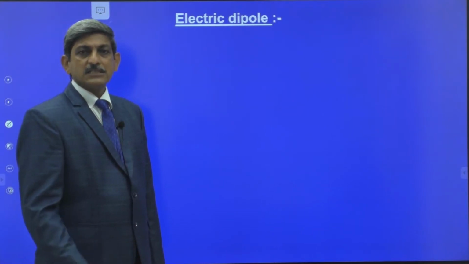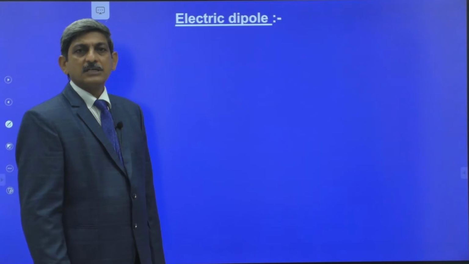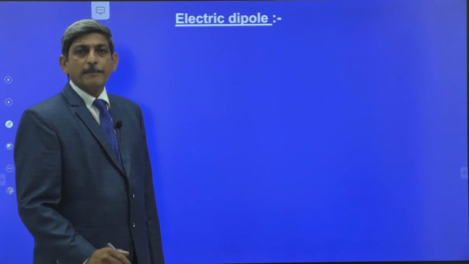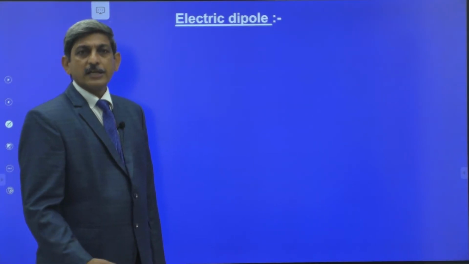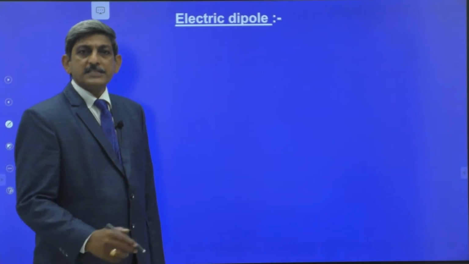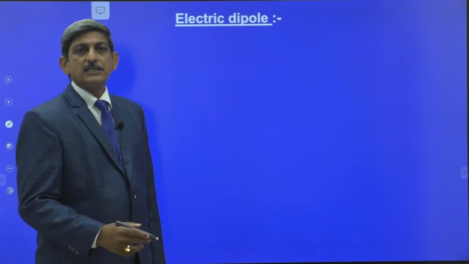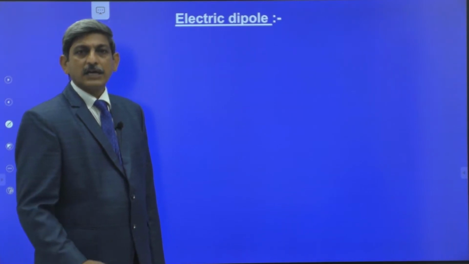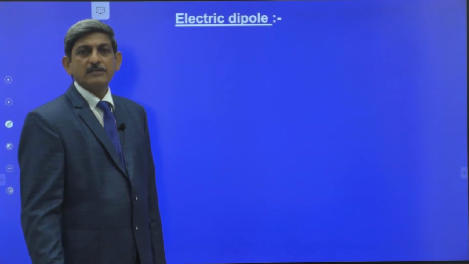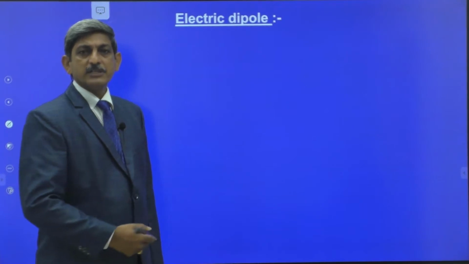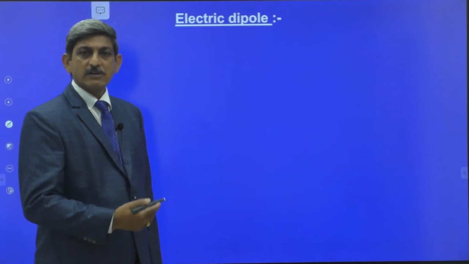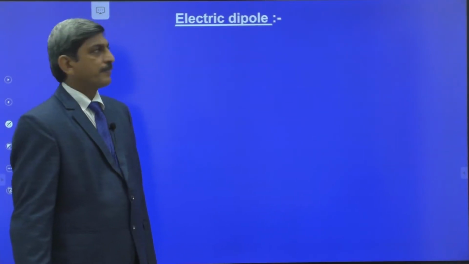In the previous session, I explained the magnetic field produced by the current carrying coil. Is there any similarity between the magnetic dipole and the current carrying coil? That similarity is going to be studied. For that purpose, I am going to explain the electric dipole as well as the magnetic dipole.